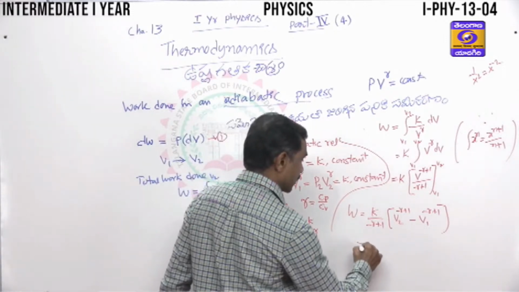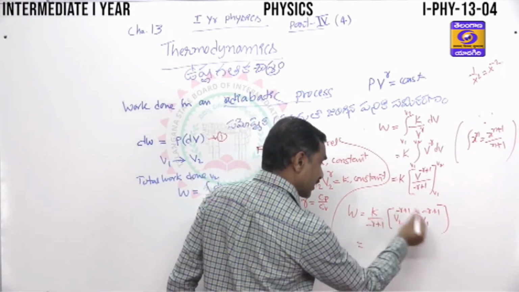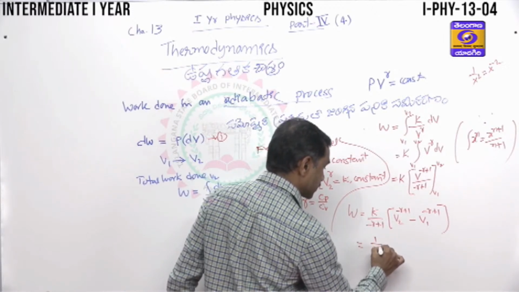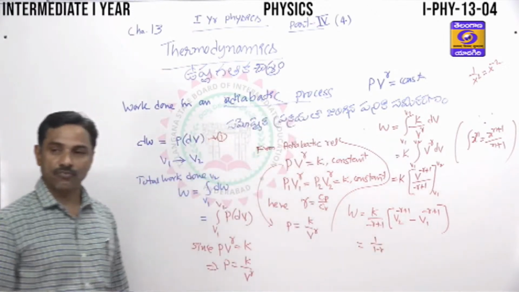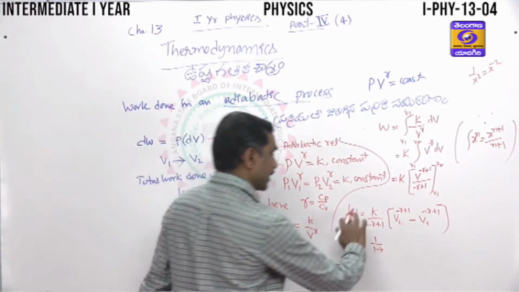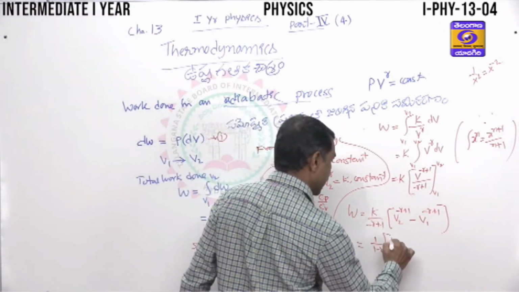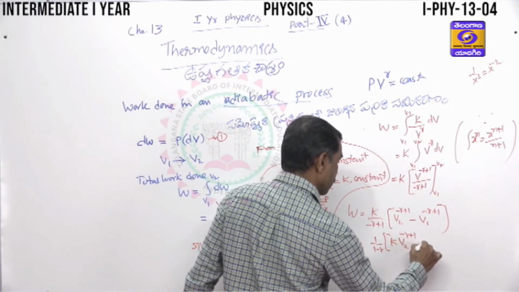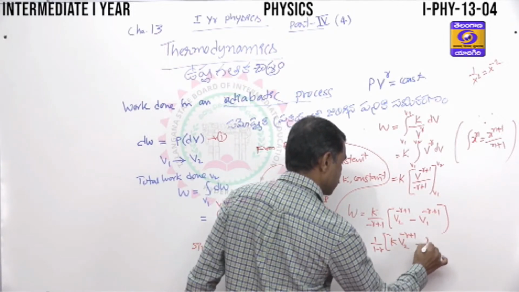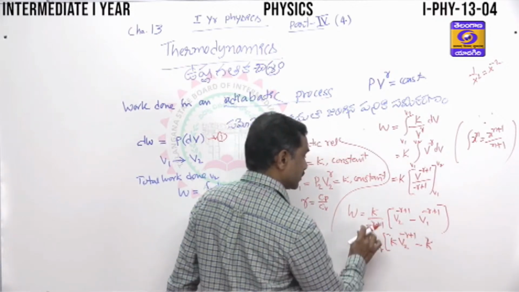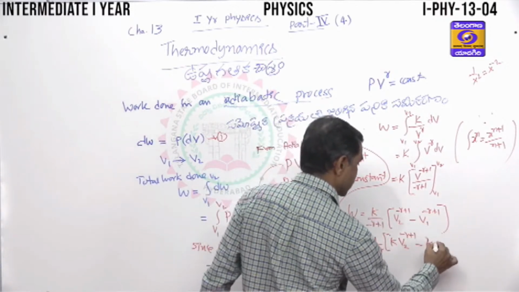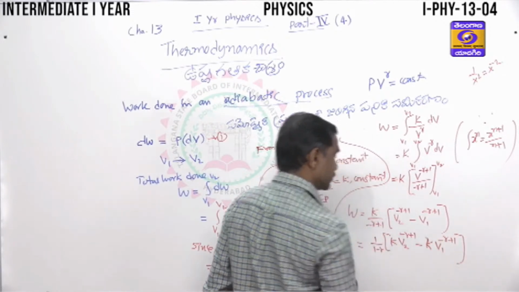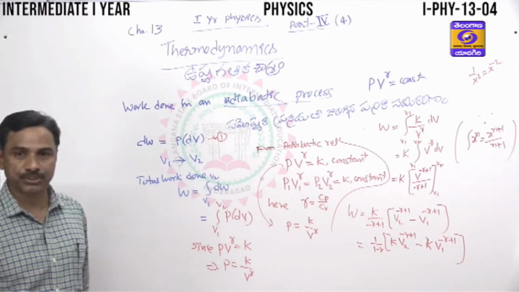Now I'll write K inside the bracket: K V2 power of minus gamma plus 1 minus K V1 power of minus gamma plus 1. Just simple substitution, nothing else.